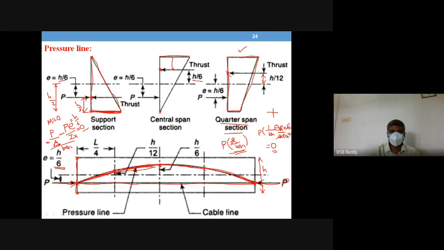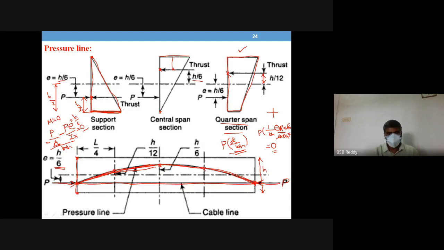Okay, so this is for half of the cross section. Okay, and the other half also same way, symmetry. So that's why all these 3 points are being dropped to the other half also. So now you can complete this pressure line. Okay, so this is a cable line, and because of that pre-stress, the compressive stresses will act like this.